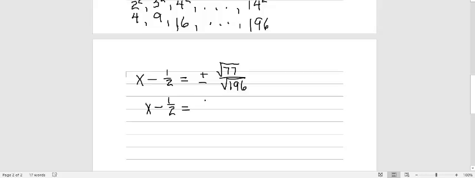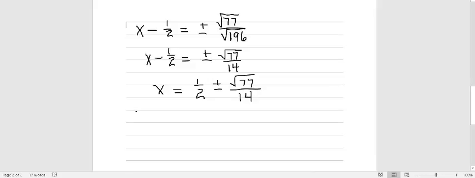So I have x minus 1/2 equals plus or minus square root of 77 over 14. And then to solve for x, I add 1/2 to both sides of the equation. So x is 1/2 plus or minus the square root of 77 over 14.